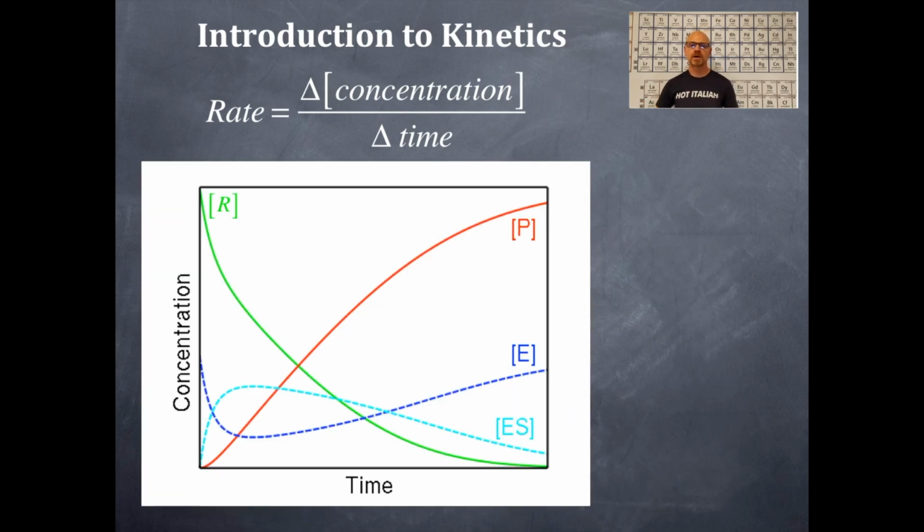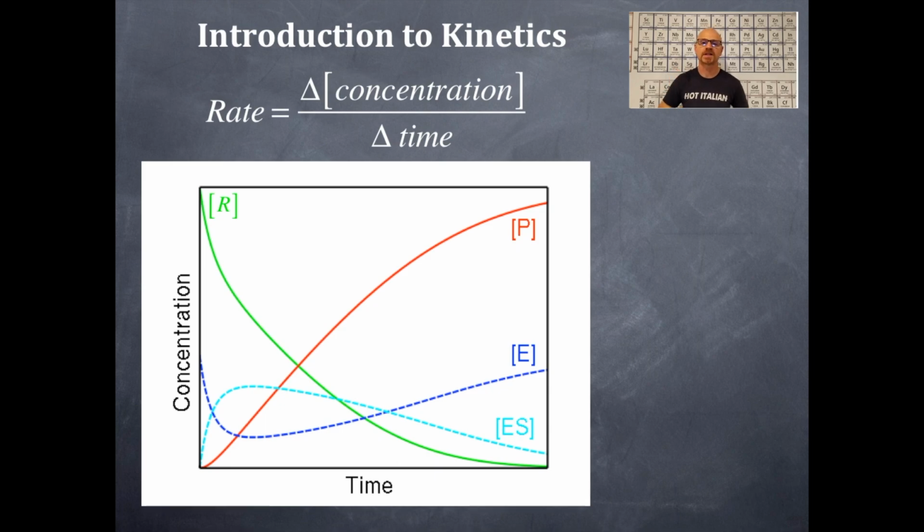Take a look at this graph. The R stands for reactants, where there's a green line. The P stands for products, where there's a red line. We're going to ignore the two blue lines, the light blue and the dark blue, right now. I'm really interested in the green and red lines. Look how high the R, the green line, is to begin with.